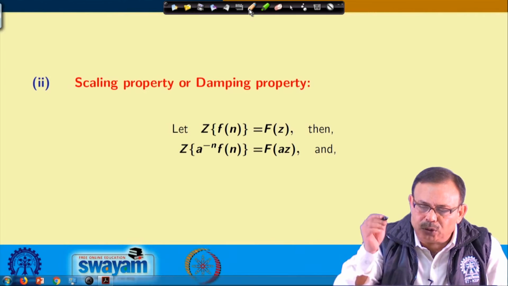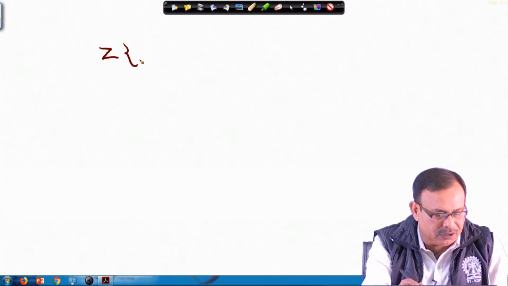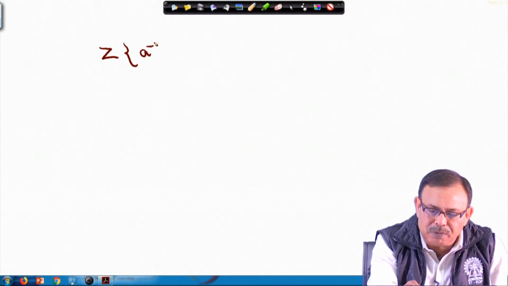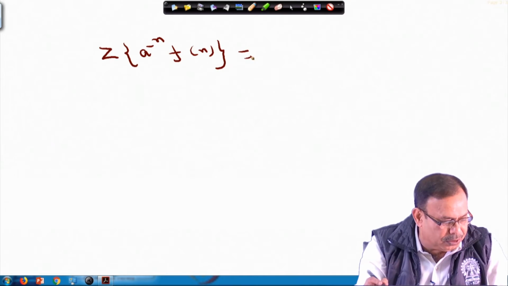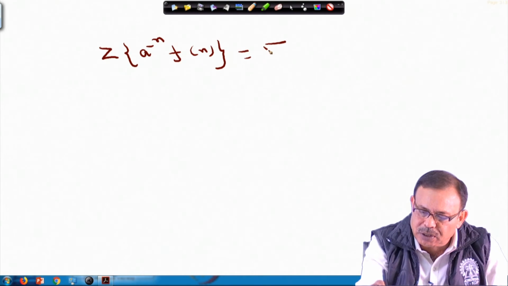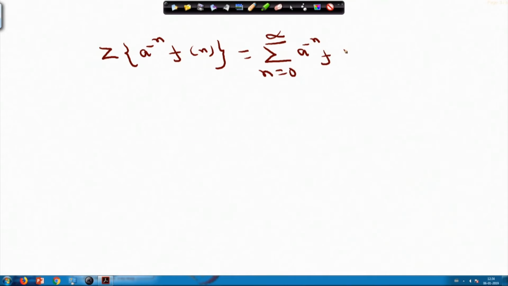To prove this, we start from the left hand side, that is Z transform of a to the power minus n into f n. This is equal to, from the definition, summation n equals 0 to infinity a to the power minus n f n into z to the power minus n.